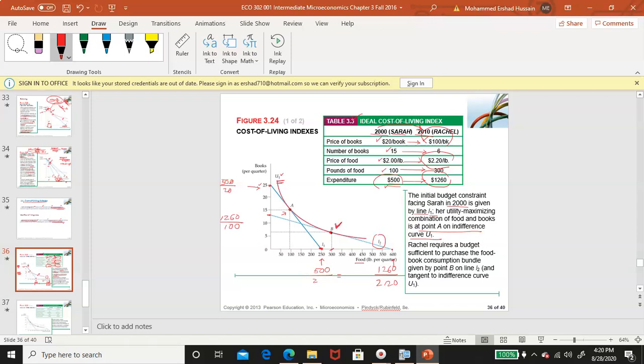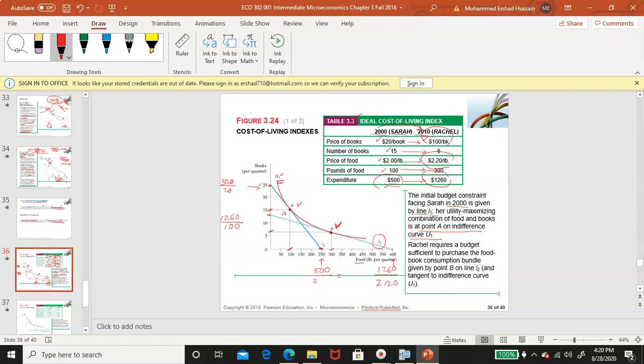At the equilibrium, they will now consume 300 pounds of food per quarter and 5 books. Before they used to consume 100 pounds of food per quarter and buy 15 books. See? So those are the two equilibria.